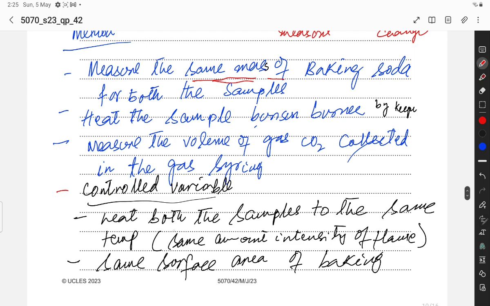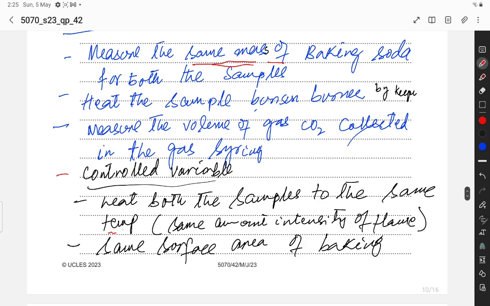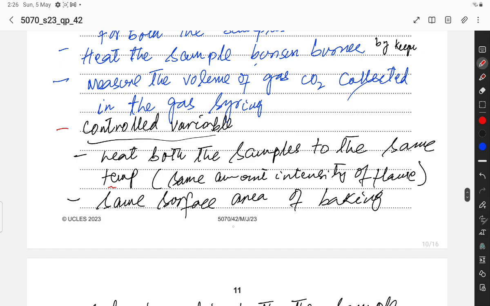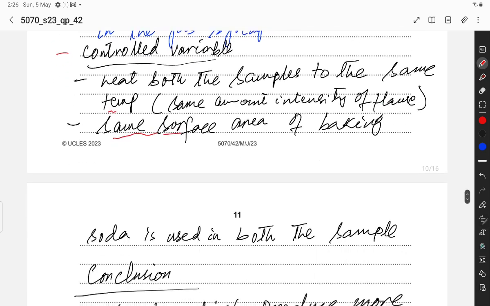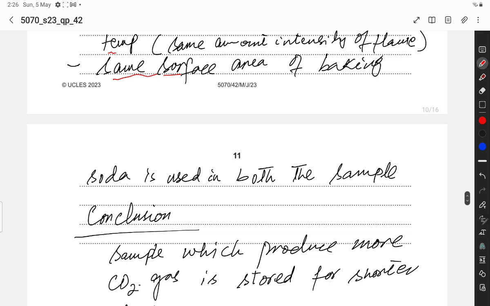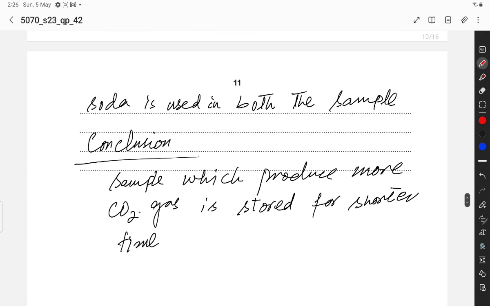Controlled variables: heat both samples to the same temperature, the same intensity of flame and the same surface area of baking soda. Conclusion: the sample which produces more carbon dioxide gas has been stored for a shorter time. This is the result we obtained from this experiment.